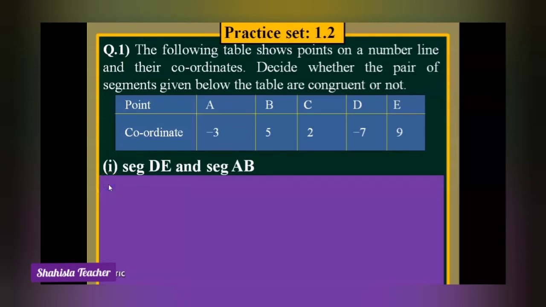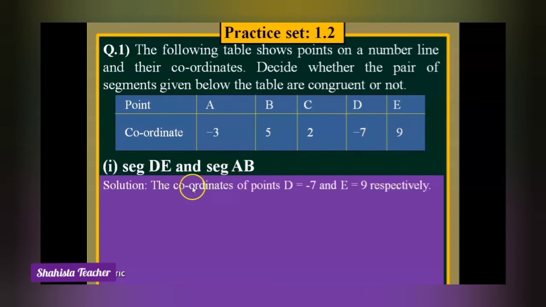The coordinate of point D is -7 and E is 9 respectively. Okay. Now here we have to check what is the distance of D and E.